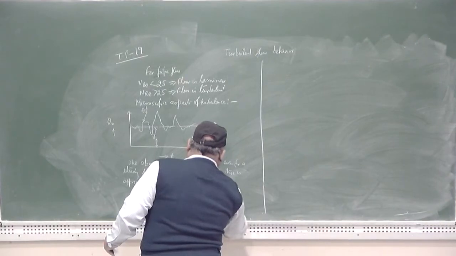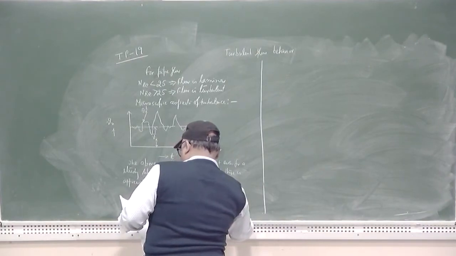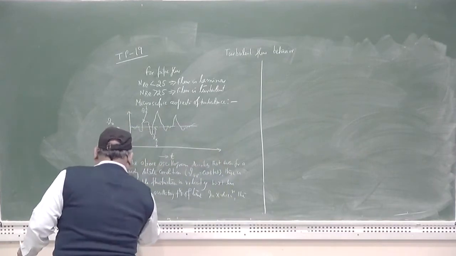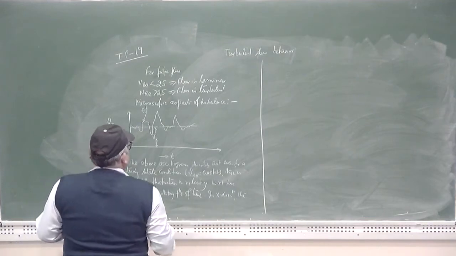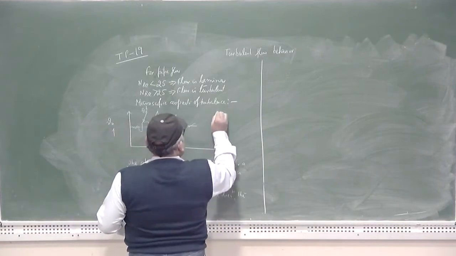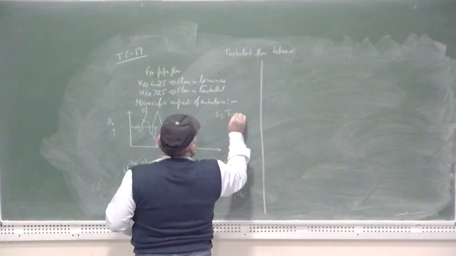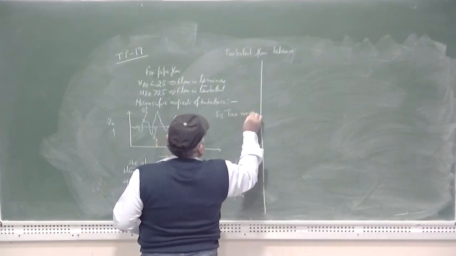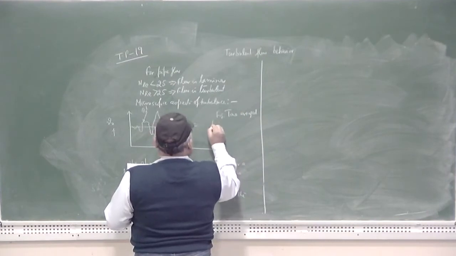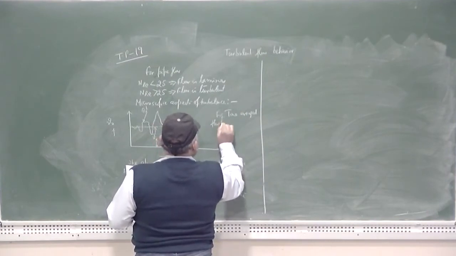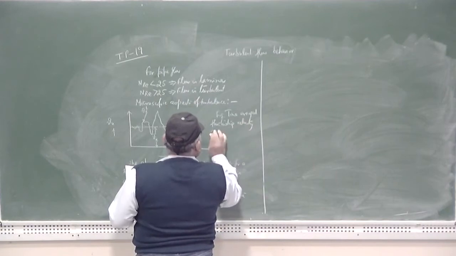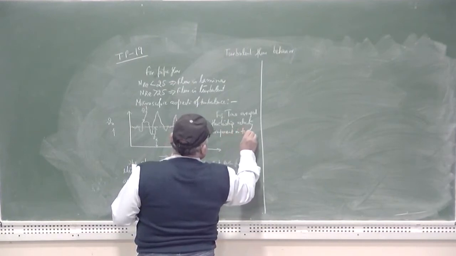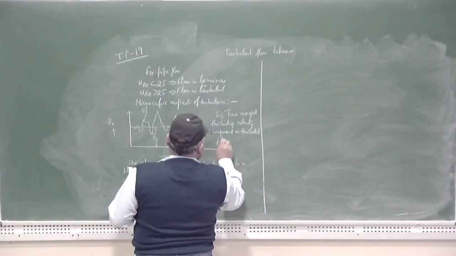And in x direction, this figure is the time average and fluctuating velocity component in turbulent flow.